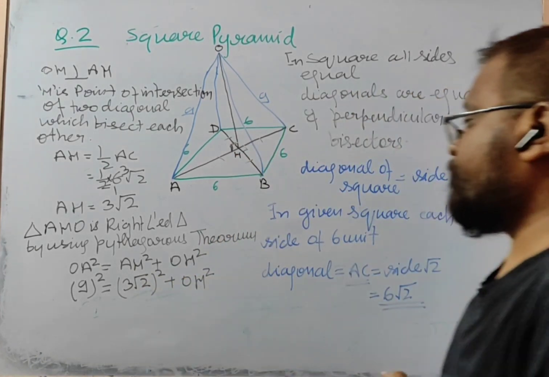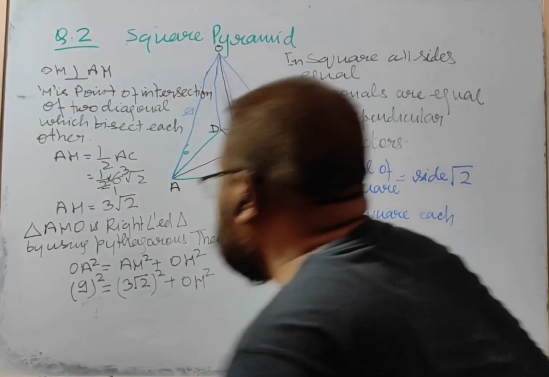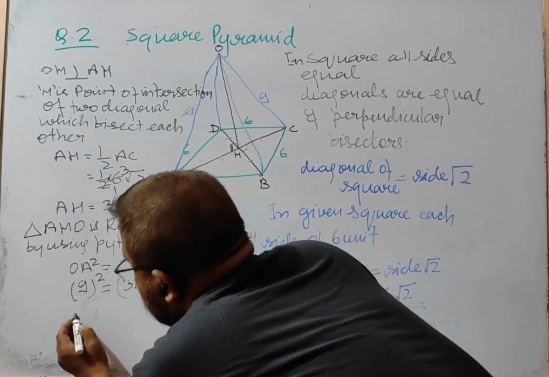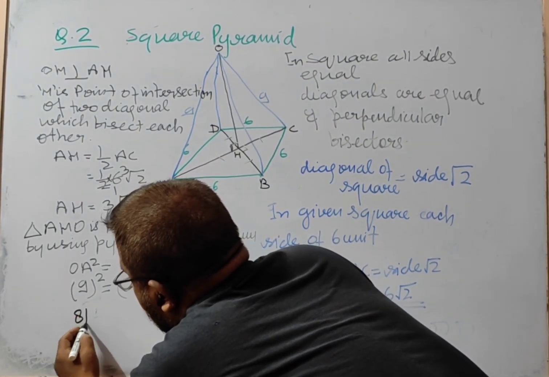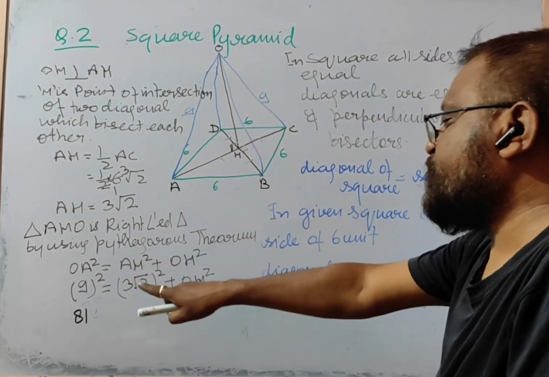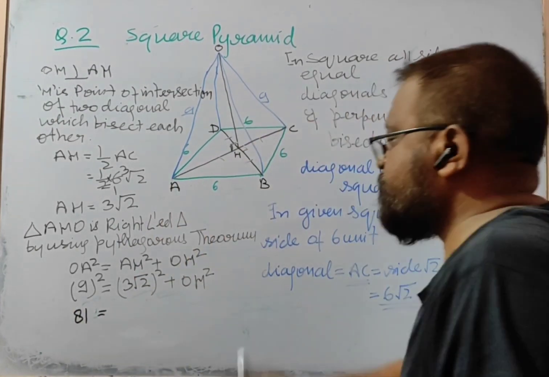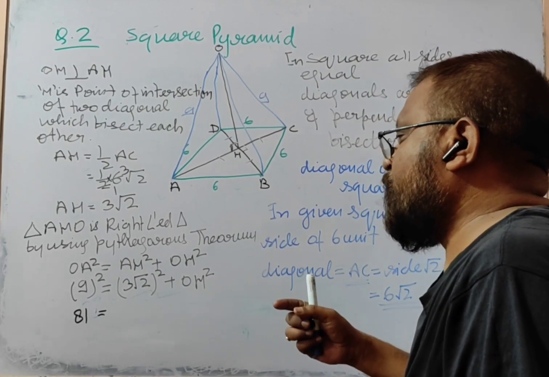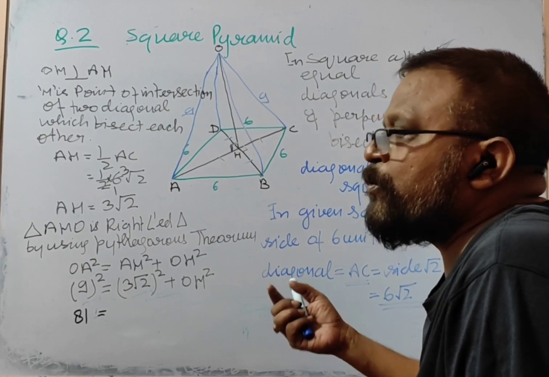So 9 square is 81, and 3 square is 9, and root 2 square is 2.